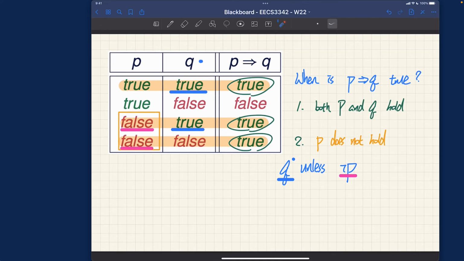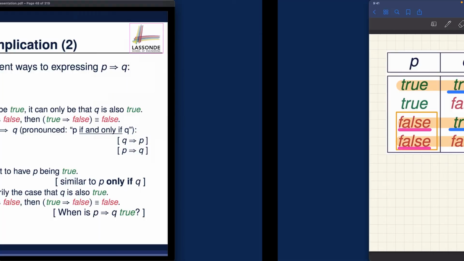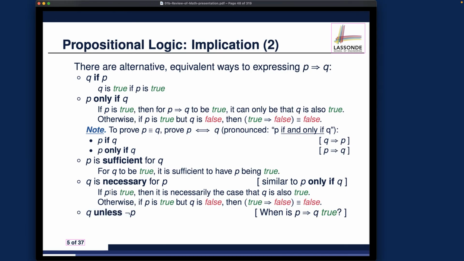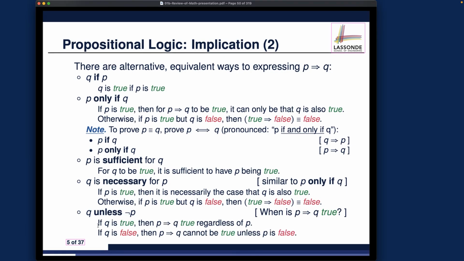Of course, it depends. This is just one way of saying the implication. If you don't feel comfortable saying this verbally, that's okay. But at least you should really understand what's going on here. I already explained the rationale behind why it is called this way. Okay, so that's about the last one. I also have some additional details over here, which I already mentioned. You can also refer to them.